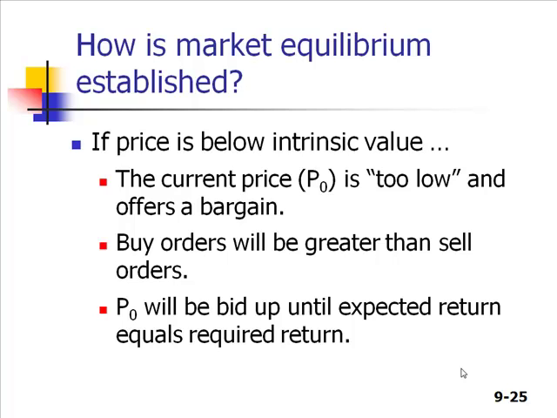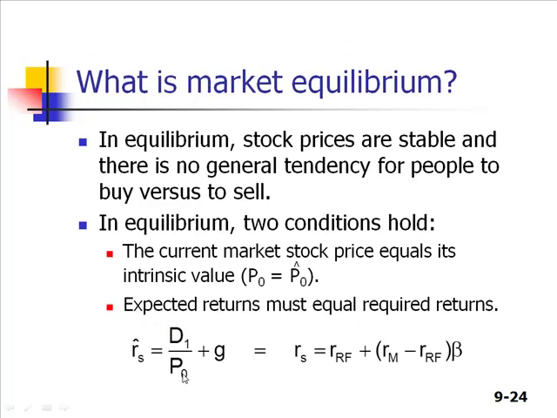Because if you go back to the previous page, what happens as P0 comes up? What happens to expected return? Well, as P0 increases, the expected return is going to decrease, right? As P0, this denominator, increases, the value of this entire expression, which is the expected return, will decrease, and it will come back down to where it's equal to the required return.